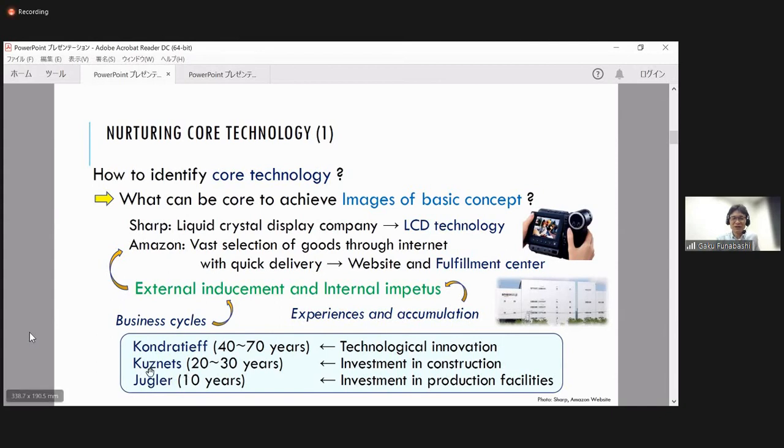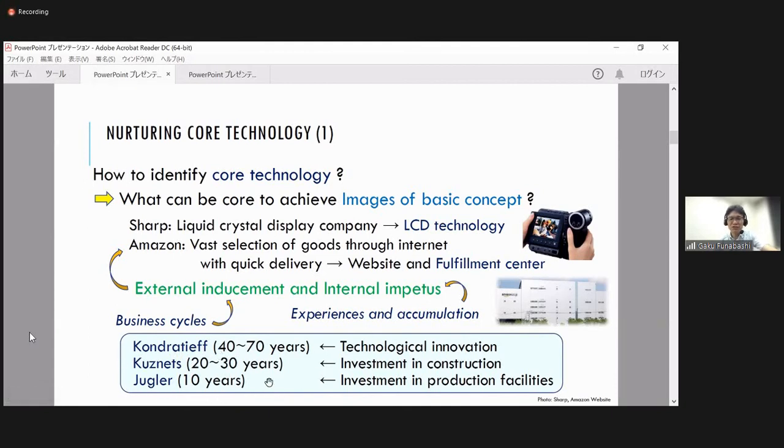Different economists and researchers found these business cycles. For example, the short-term business cycle was found by Juglar, the medium business cycle by Kuznets, and the longer period business cycle by Kondratiev. These are the names of the people who found these business cycles.